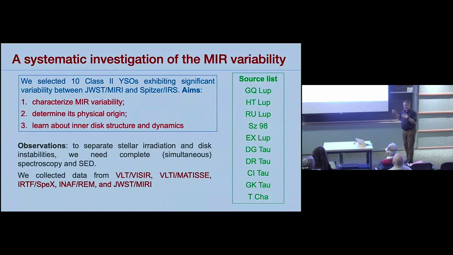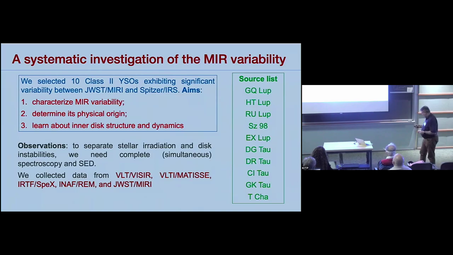Also, to continue this investigation a little bit, we selected a sample of young stars, some 10 objects. This is the source list, and we initiated a monitoring campaign. The idea was that we take as complete a spectral energy distribution in the infrared as possible simultaneously. It's very important to have it at the same time.